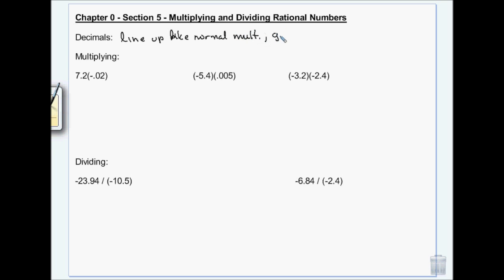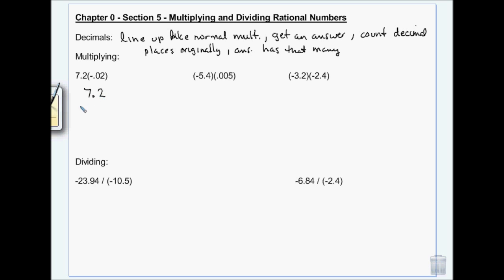Get an answer, and then you count all the decimal places to begin with. The answer has that many.